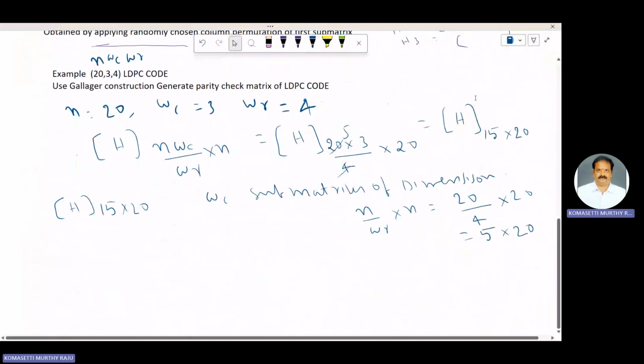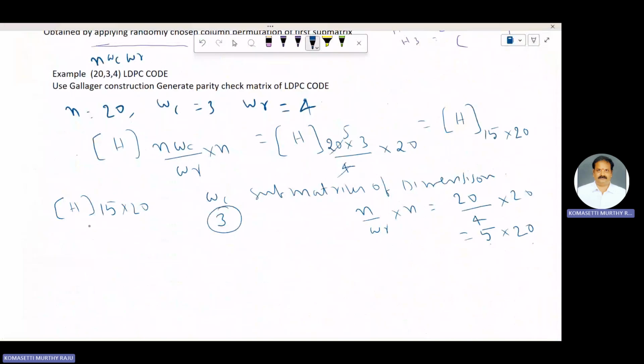5 cross 20. The H is divided into 3 submatrices. WC is 3 submatrices. Each submatrix size is 5 cross 20.